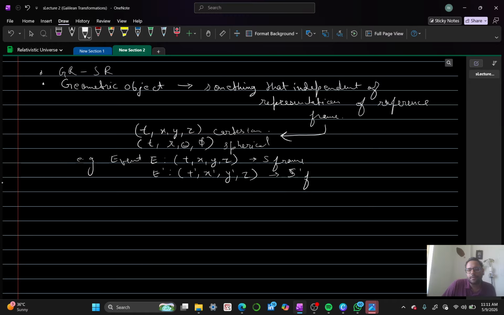So these events are actually geometric objects that are independent of the representations.